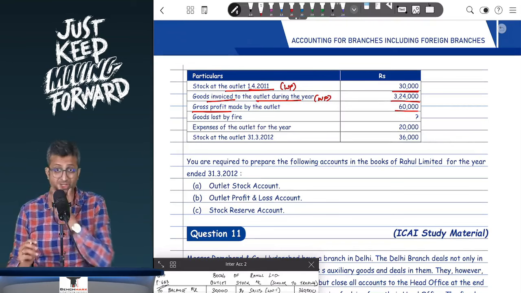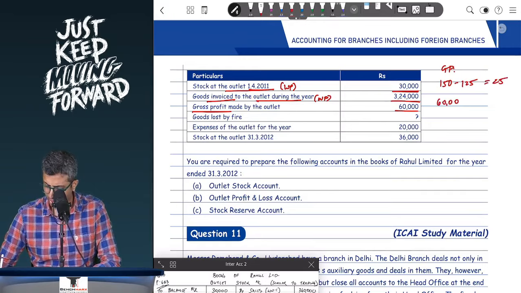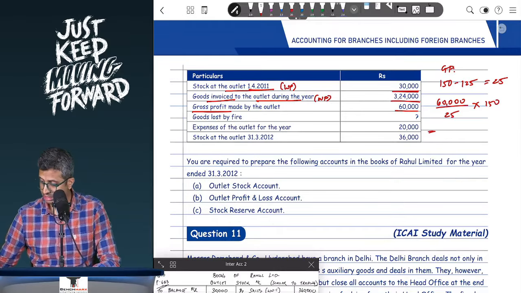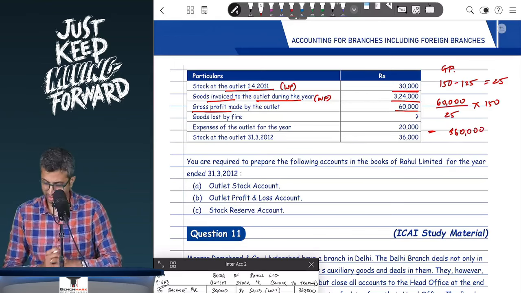So over here my gross profit would be 150 minus 125, that is equal to 25 rupees. Now if 25 rupees is equal to 60,000, then 150 is how much? If I want to calculate the sales, 60,000 is equal to 25, then 150 is how much? I believe 3,60,000 will be my sales. I'll have to prepare a separate working for it.